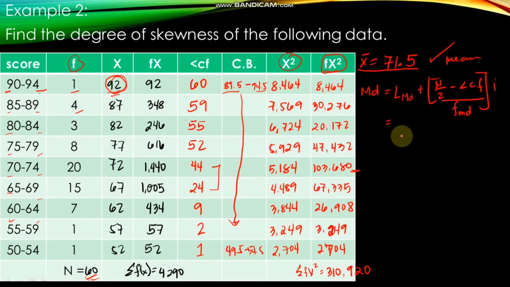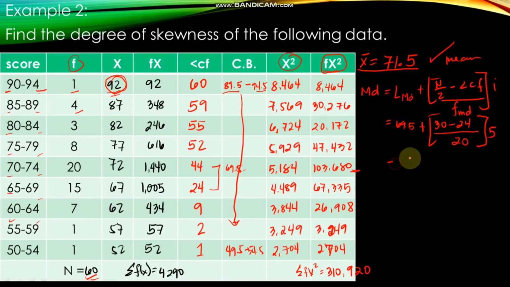The lower boundary of the median class is this one, that is 69.5. Plus this one is 30, subtract the cumulative frequency before it, that is 24, over the frequency of the median class, which is 20, times the interval, that is 5.